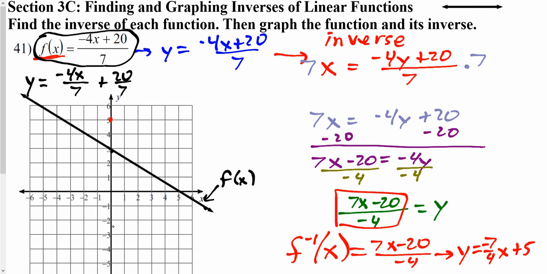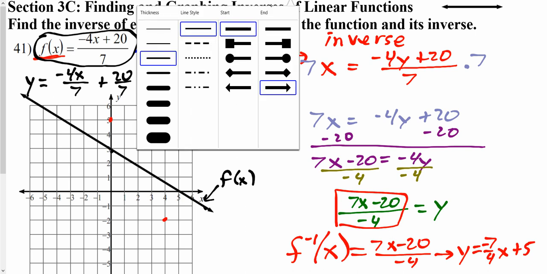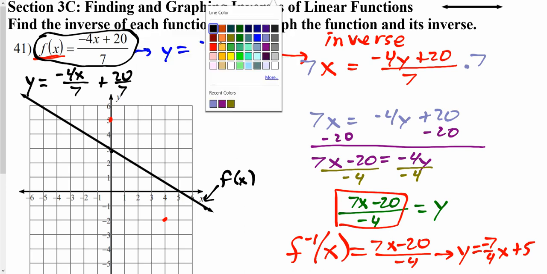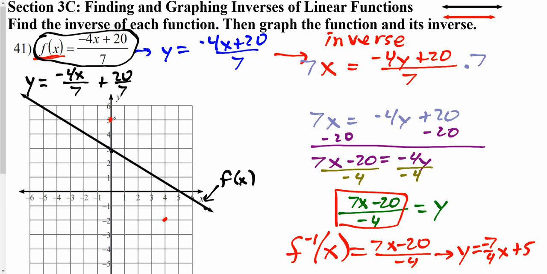Down 7, right 4. And then I need to draw in my line connecting these points. And then I'm going to label this as my inverse. So that's what you have to do to be able to graph this stuff.